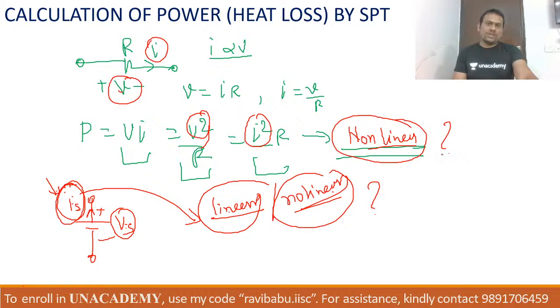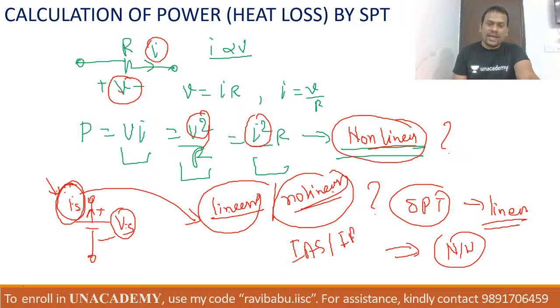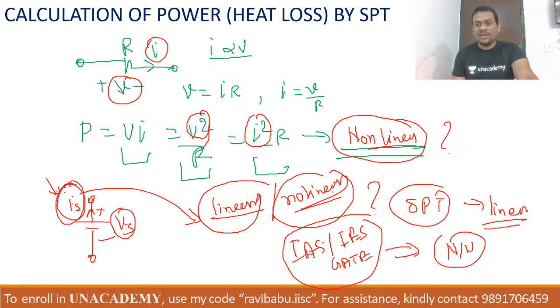Here, beta, I want to tell you another thing. The SPT, superposition theorem, is valid only for a linear network, not for non-linear. When it is valid for non-linear, I will tell you. But whenever you are sitting in a good interview, for example IAS, IES, and GATE, only in these three interviews, not any other place, because I know how much knowledge professors have. Only at some reputed places, for example the IES interview or GATE, you can say your superposition theorem can be followed for a small non-linearity also.